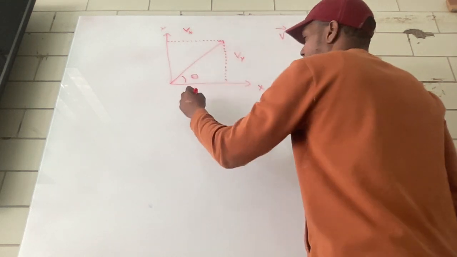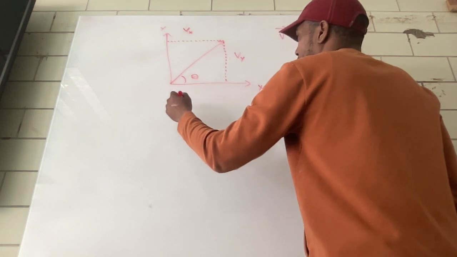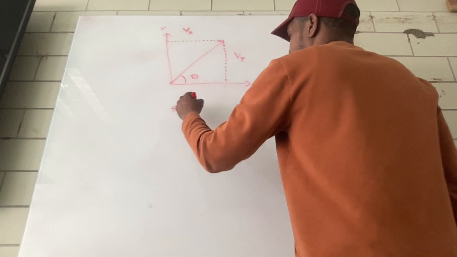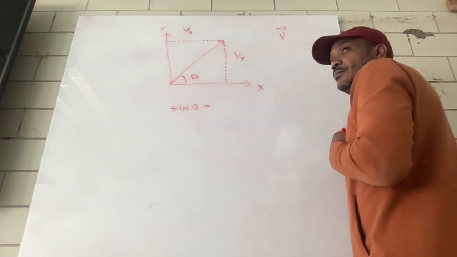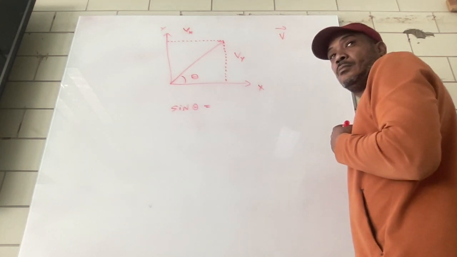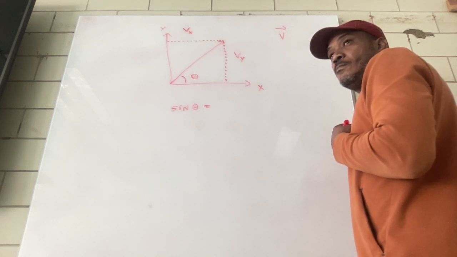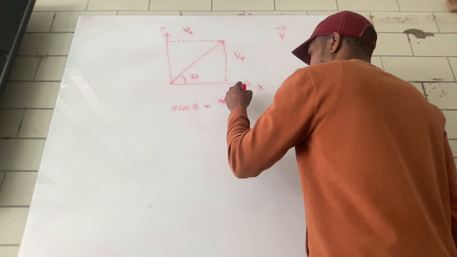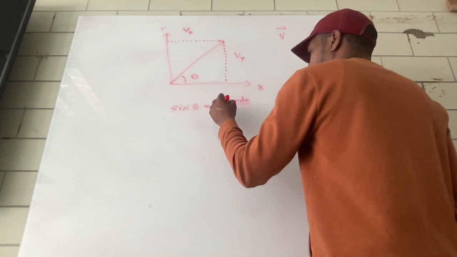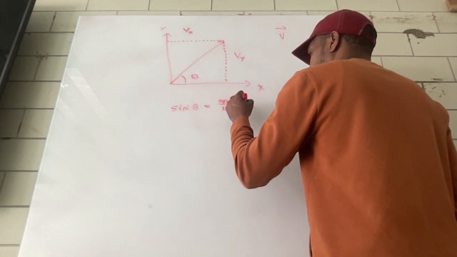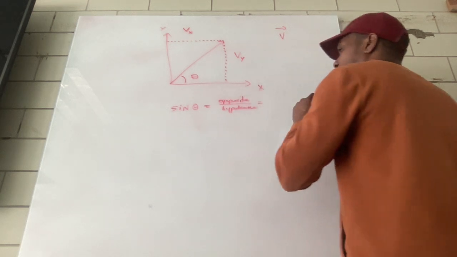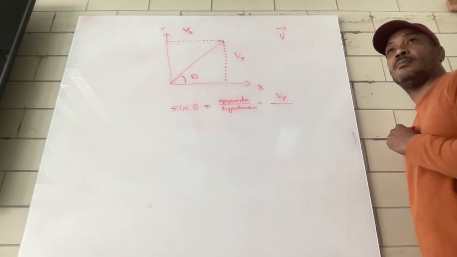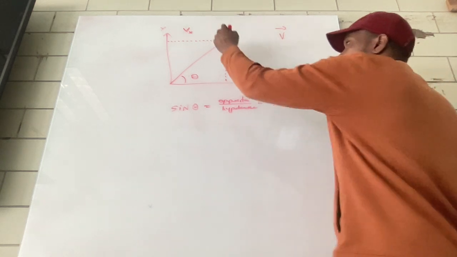Vy, or the sine. Let's say the sine of theta is equal to opposite over hypotenuse, which is Vy over, what's the hypotenuse of this triangle?